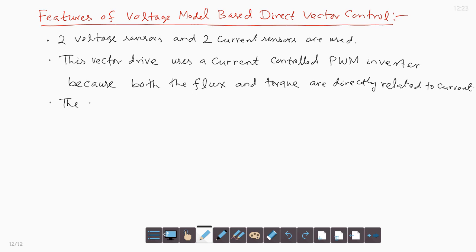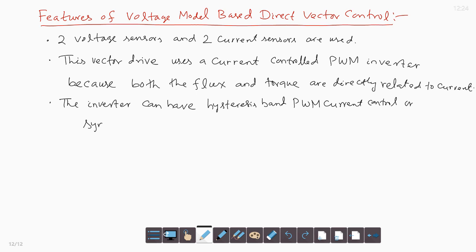The current control inverter can have a hysteresis band, PWM current control, or synchronous frame current control.